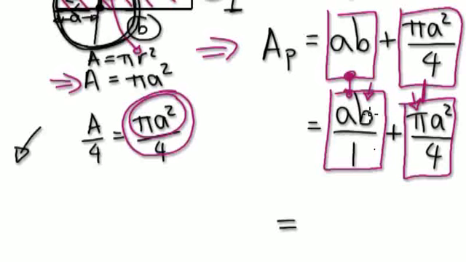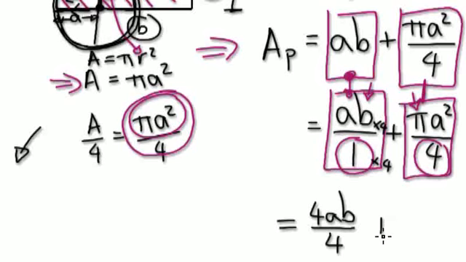But in order for us to add the two fractions, the two denominators have to be the same. So let's times top and bottom by 4. Times the top by 4, times the bottom by 4. So this will be 4ab over 4. And this side, let's just keep it as it is, because the denominator is already 4.